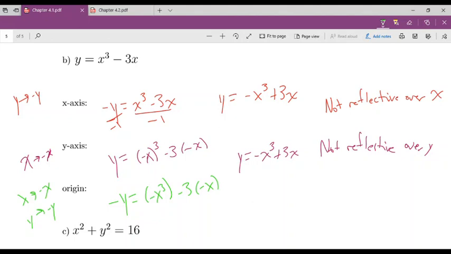If we simplify this, we get negative y equals negative x to the third plus 3x. We divide by negative 1. What it winds up giving us is y equals positive x to the third minus 3x, which is the same thing as the original. Therefore, it is reflective over the origin.